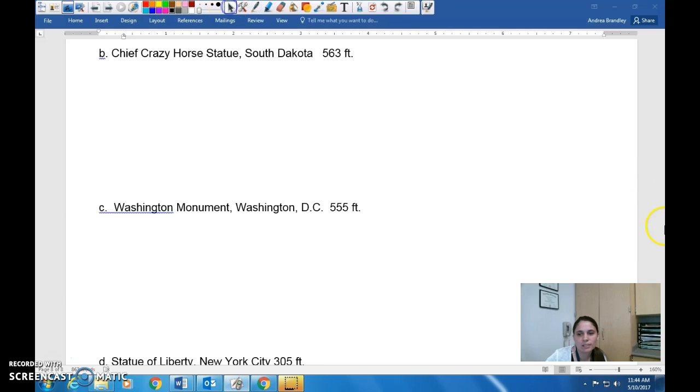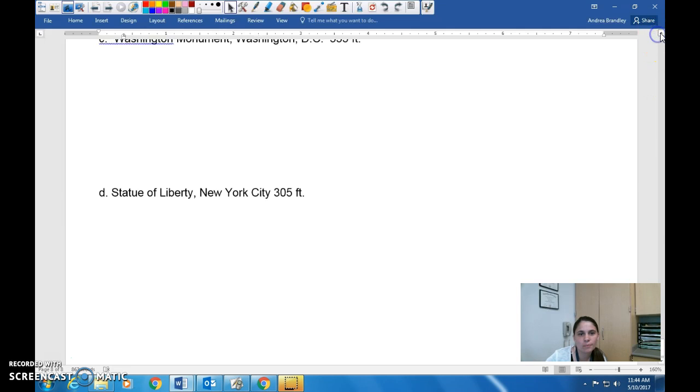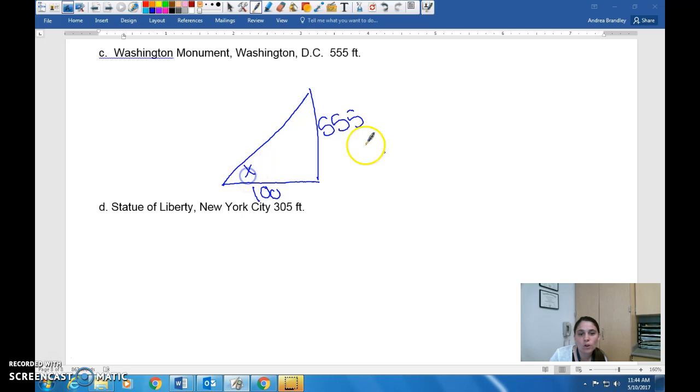And then part C, I'm now looking at the Washington Monument, which is 555 feet tall. I am 100 feet away. What is my angle? So I'm still using tangent of x equals 555 over 100.